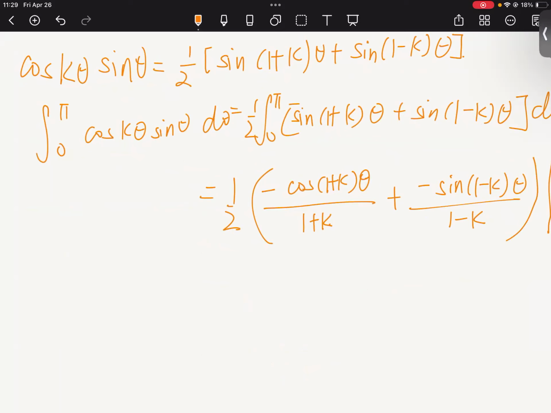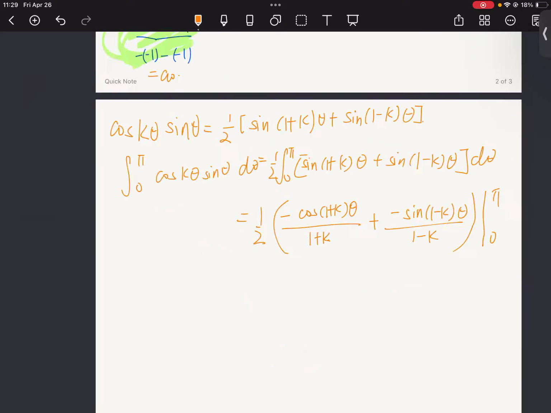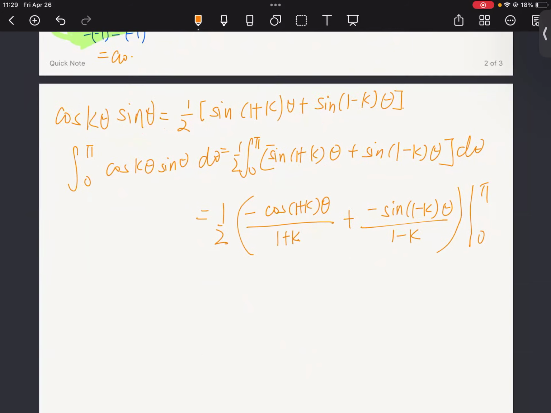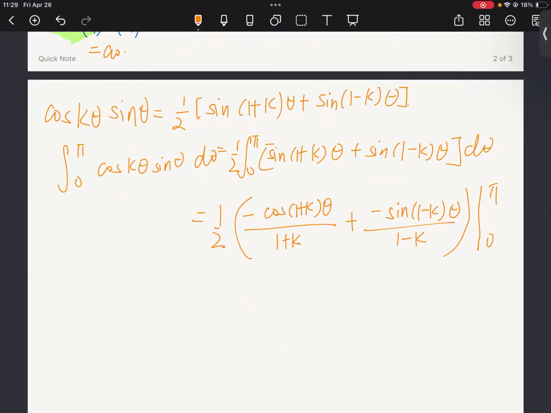Now I'm going to let you do something. Let's do this. There are two cases. Case 1: k is an even number.